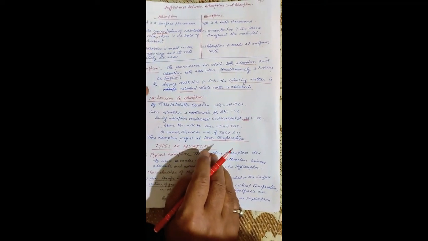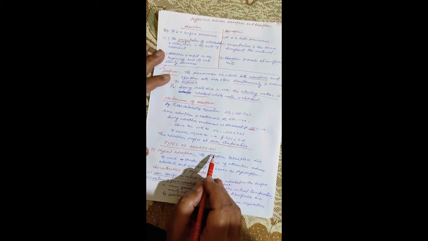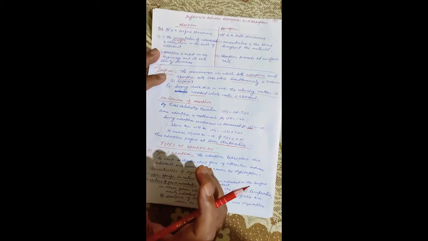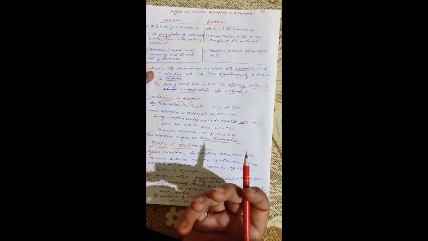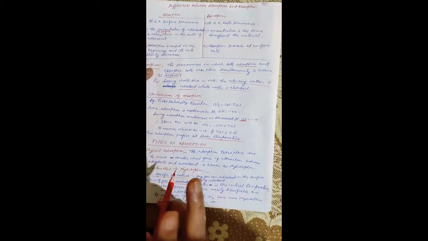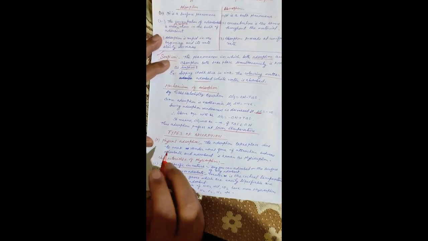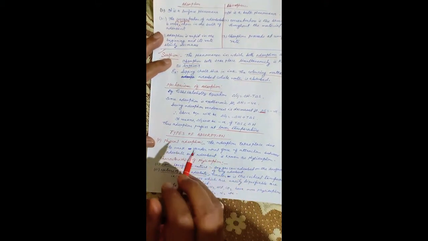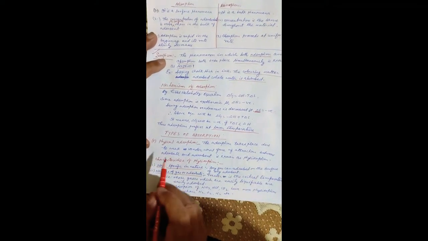Now, after this, come to the next topic. This is types of adsorption. On the basis of the formation of bond or interaction between adsorbate and adsorbent, the adsorption is classified into two types. One is physical adsorption or physisorption, and second is chemical adsorption or chemisorption. So come one by one.